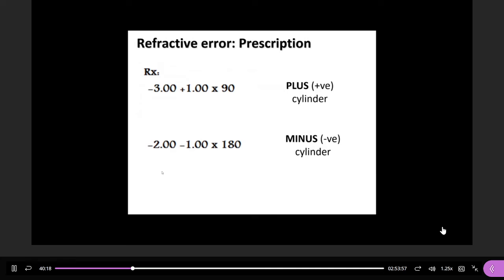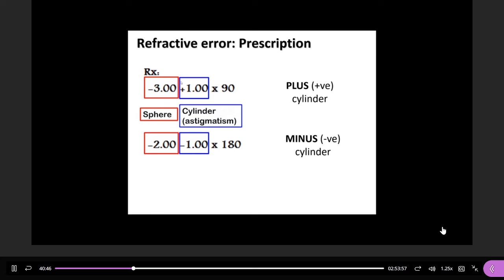Let's see what the real prescription looks like. For example, after you examine all your patients, you write the prescription, you give the RX. RX is treatment. The first line is plus or minus; minus means you're giving minus power, a spherical lens to treat myopia.